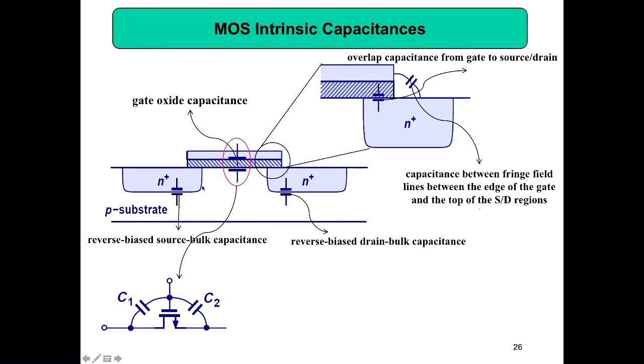But this capacitor comes in parallel with the overlap capacitor here, and this capacitor is in parallel with these two. So when you are operating at saturation, C1 will be almost 0, and C2 will be approximately equal to your gate capacitance.